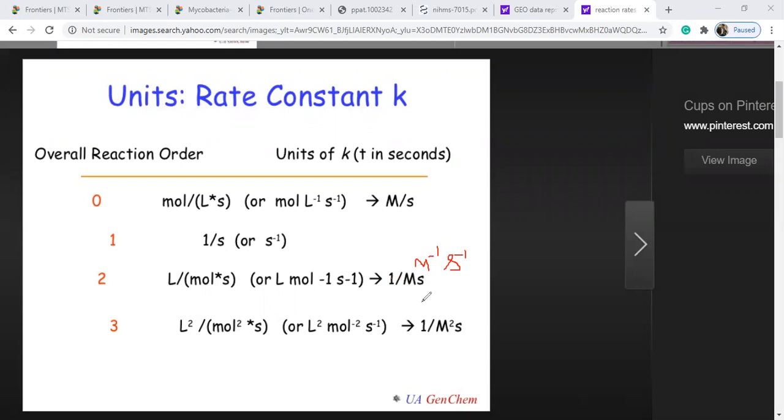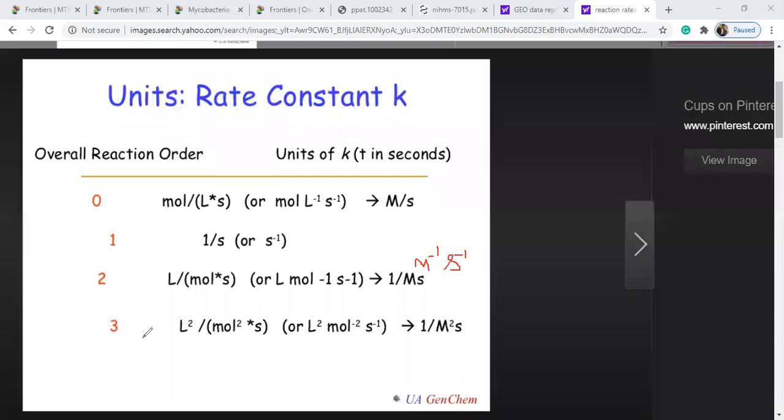If the reaction order now increases, a power will start coming in. For a second order reaction, this is per mole per second. Then it will become per mole square per second for a third order reaction.